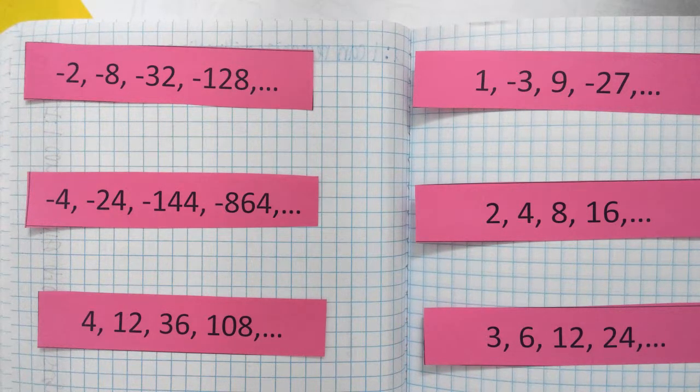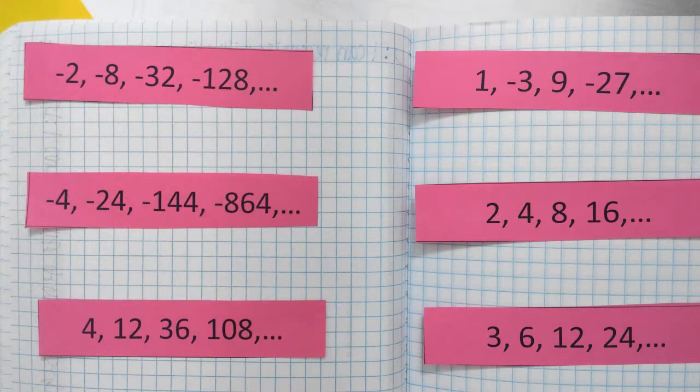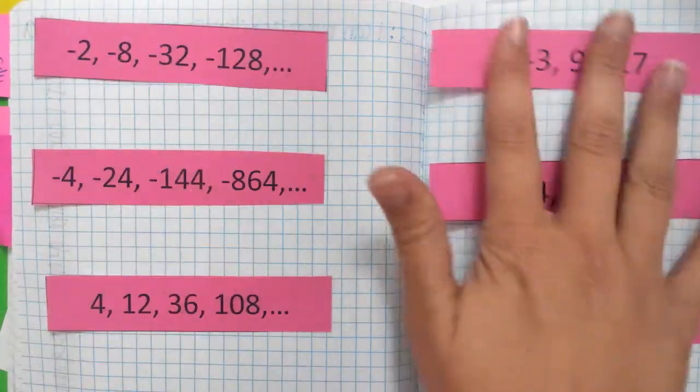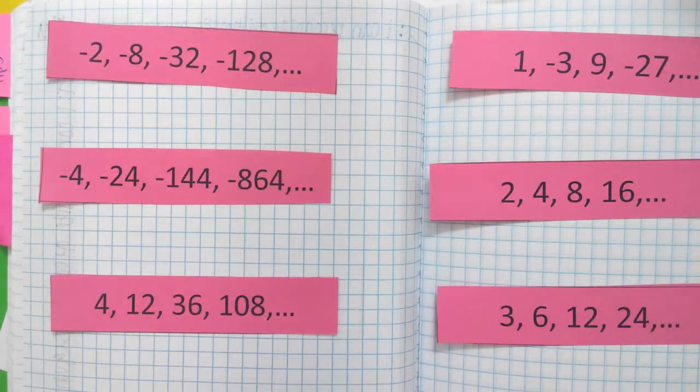You should have 7 total problems, right? So what you're going to do is you're going to line up your sequences on your paper on 17B and C like this, and you're going to glue or tape them down. Then you're going to find the ratio, and you're going to match up the ratio with it, and then you're going to find the rule that goes with it.